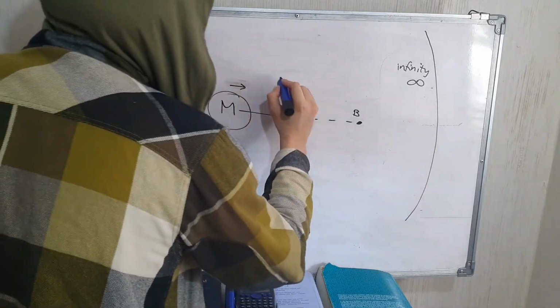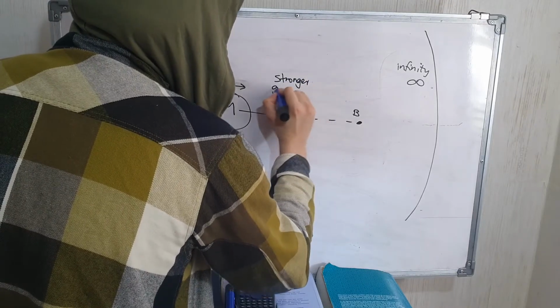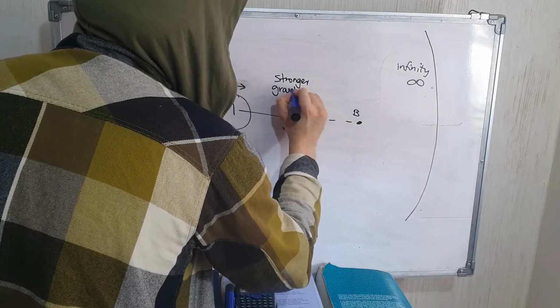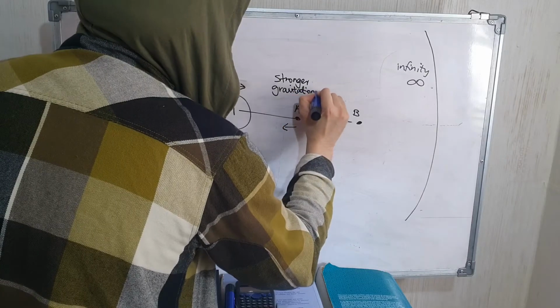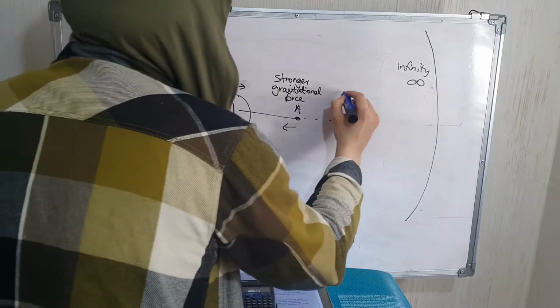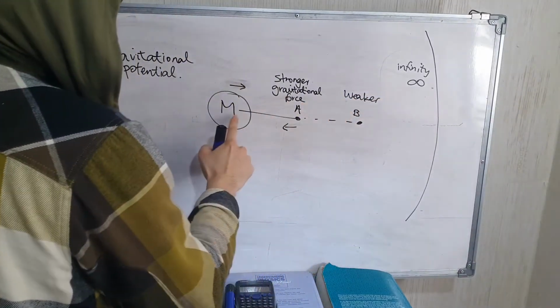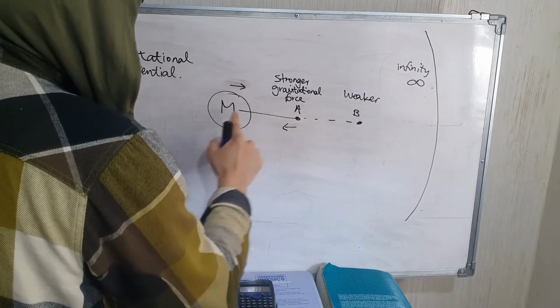So here, it'd be a stronger gravitational force. Here will be weaker compared to A, due to M.